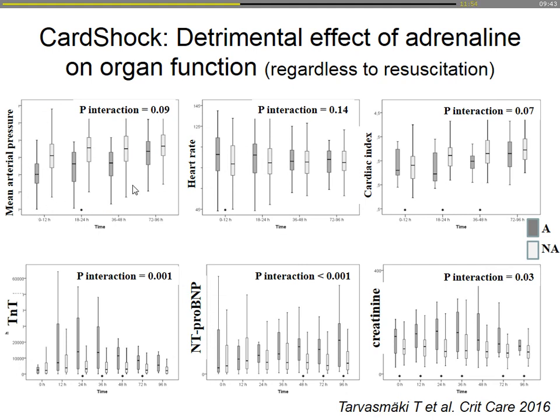Here is mean arterial pressure, heart rate, and cardiac index. The idea of these 3 graphs is to say that in our daily practice, it's impossible to differentiate hemodynamic improvement, whether the patient has epinephrine or norepinephrine. It's just impossible. Over 5 days, the improvement in mean arterial pressure, change in heart rate, cardiac index is exactly similar between norepinephrine and epinephrine.